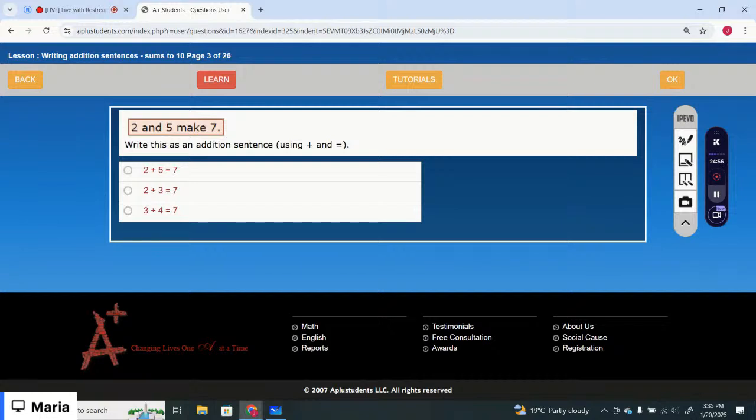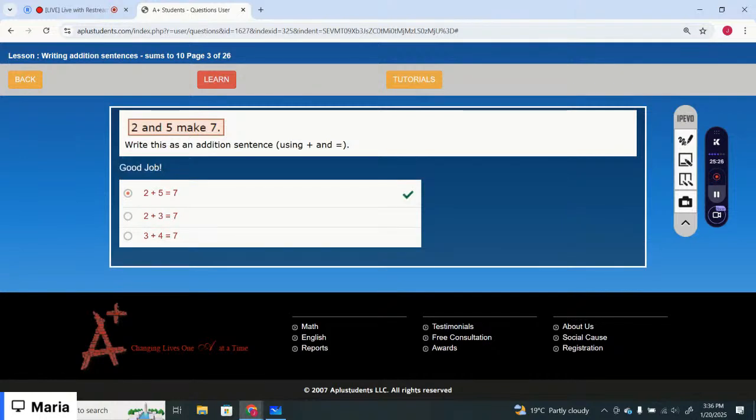2 and 5 makes 7, which is the correct option. That is 2 plus 5 equals 7. Option number 1 is the correct option.